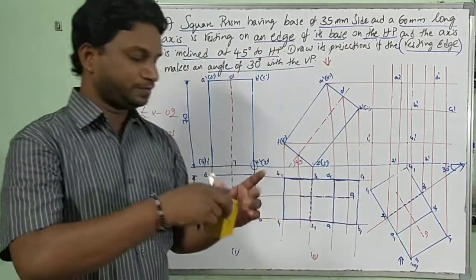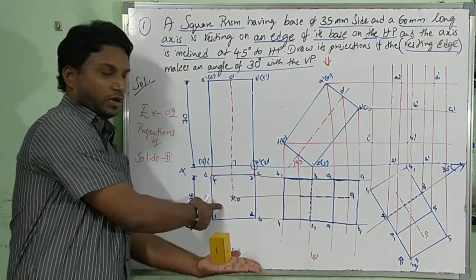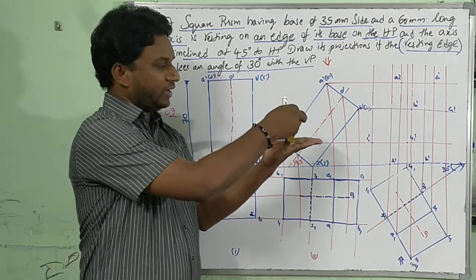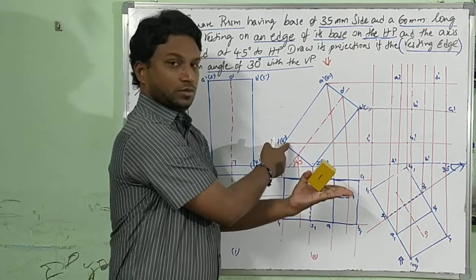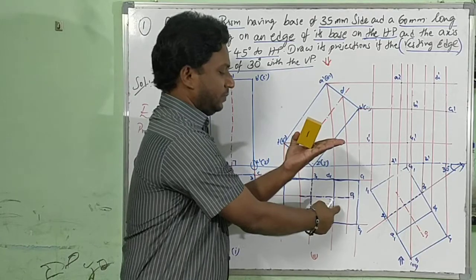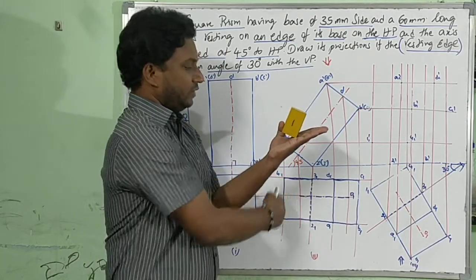Practically, on HP, top view square, front view rectangle number 1, axis inclined at 45 degrees; this is clearly visible, A1, B1, C1, and this is partially visible, 1 1, 2 1, 3 1, 4 1.